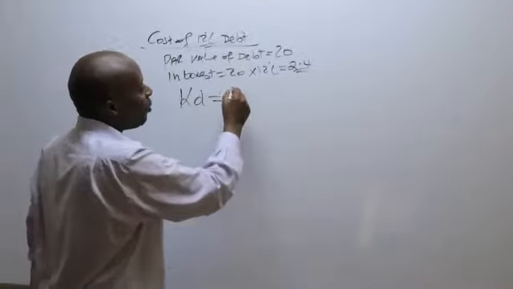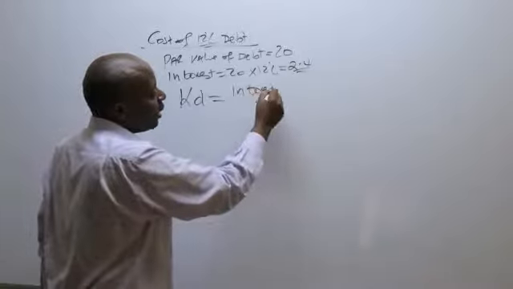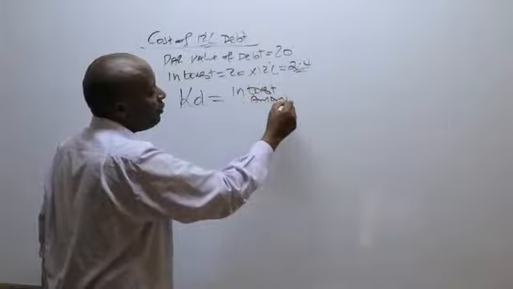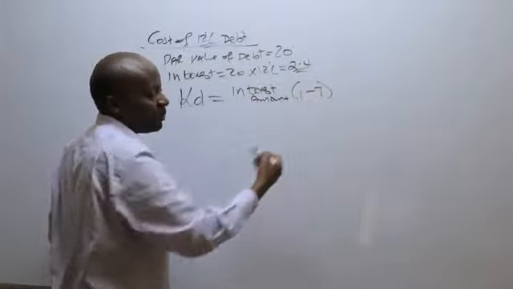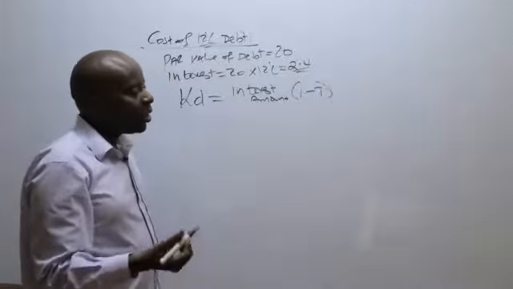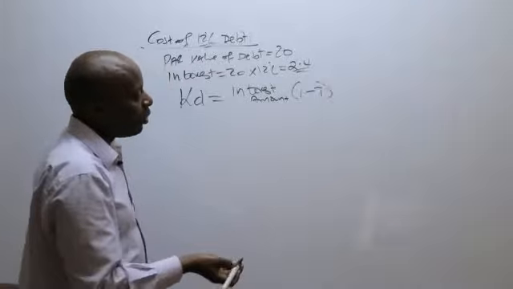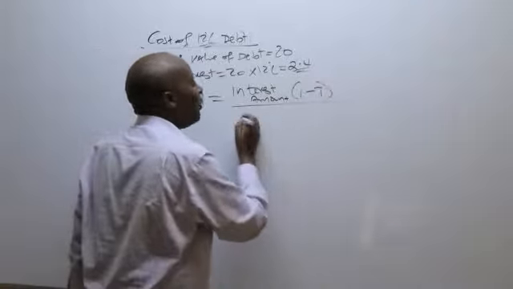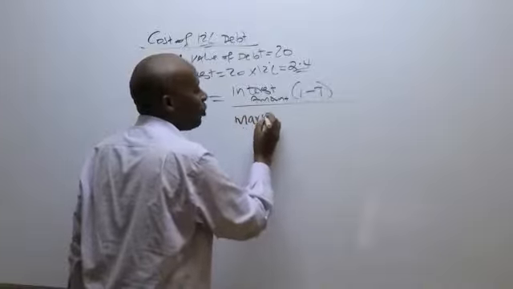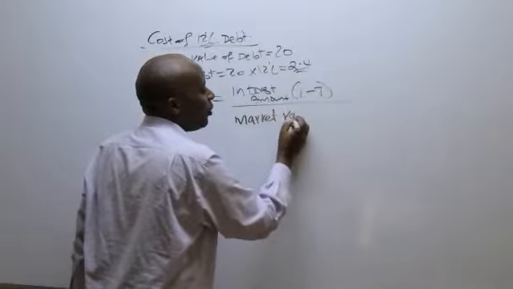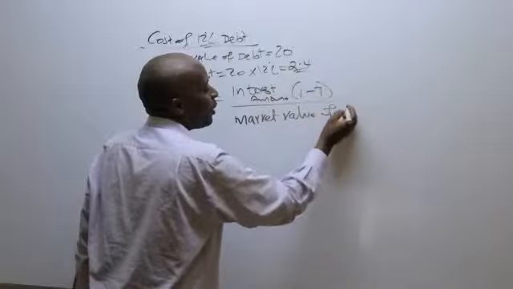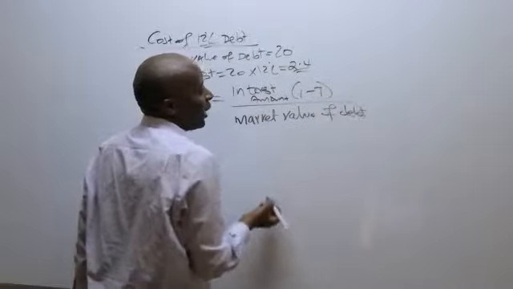KD should be equal to the interest amount that I have, times 1 minus tax, because remember, interest, unlike dividends, is normally tax allowable, all over the market value of the debt instrument.